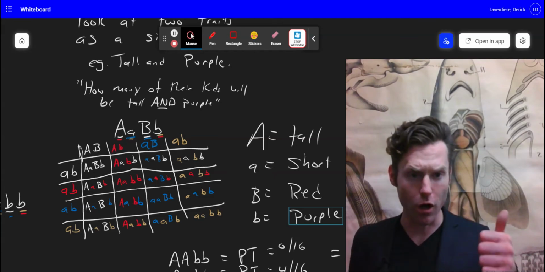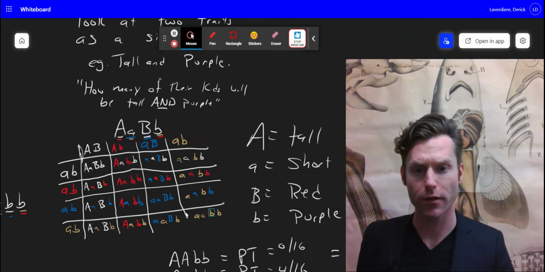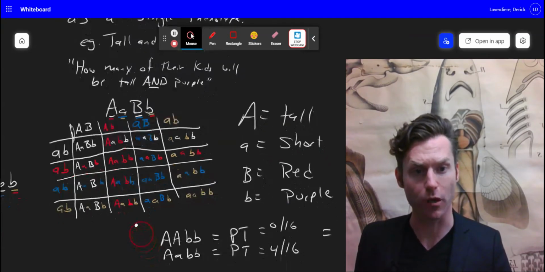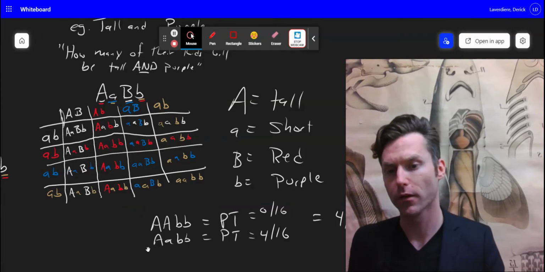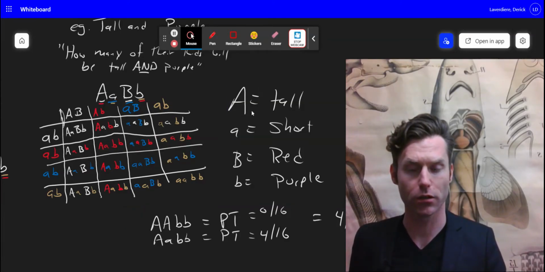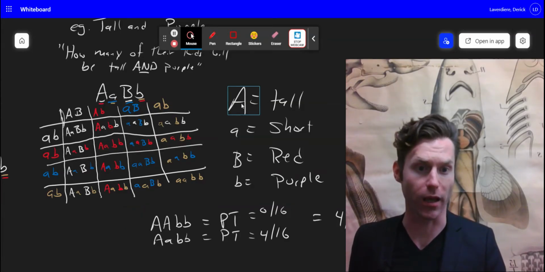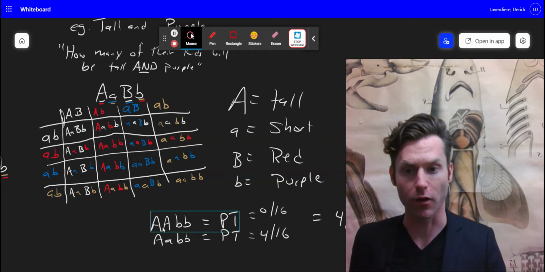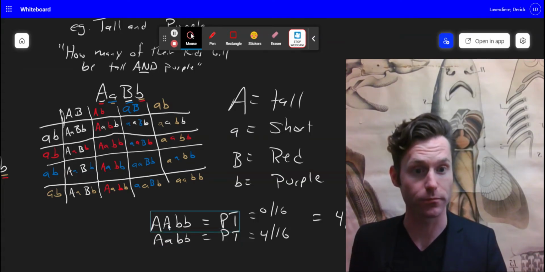So if I'm looking for tall and purple, there's only a few genotypes that will make tall and purple. For tall, I need one big A. So it can be homozygous for that trait, or it can be heterozygous. Both of these will present as tall.